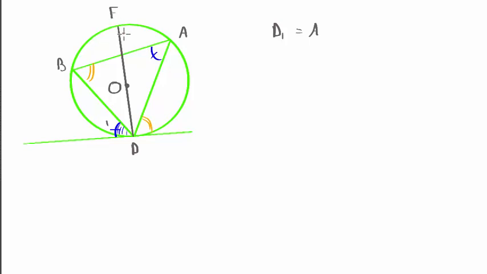You make a new point, let's just call that F, on the circle, and then from there you draw another line. You connect it to the angle that you want to prove.